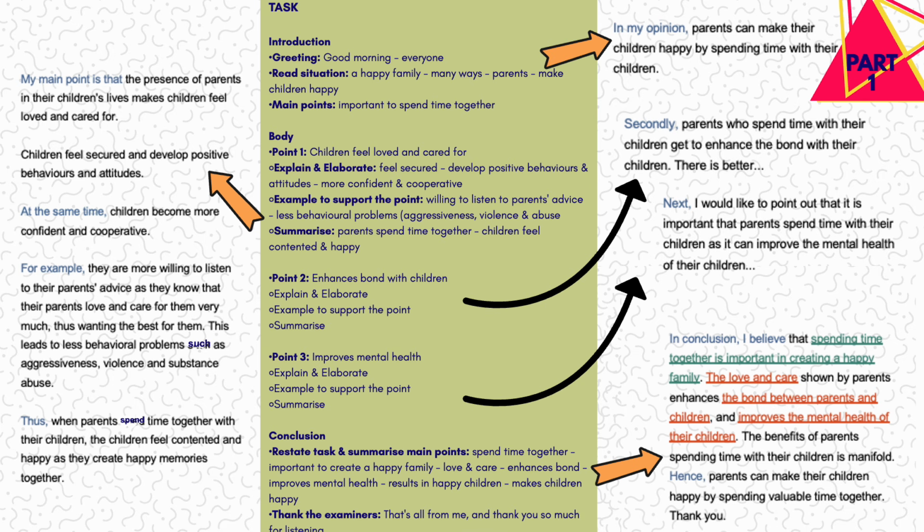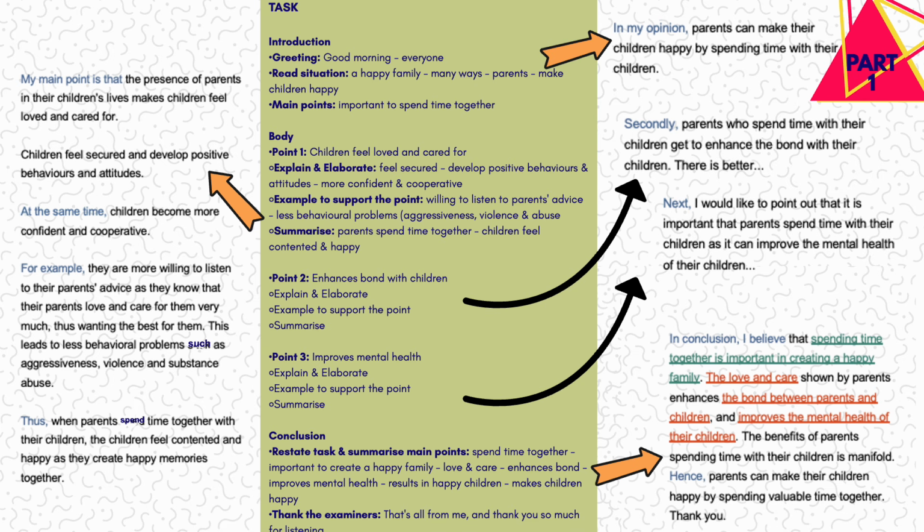So next, remember we have 3 points. The first one you start with, my main point is that the presence of parents in their children's lives makes children feel loved and cared for. So you continue to elaborate. Children feel secure and develop positive behaviors and attitudes.